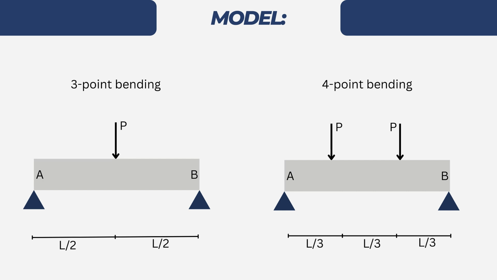Whereas in the 4-point bending test, there are 2 forces acting on the beam, and same as the 3-point bending test, it is being held up by a support on each end, different from the 3-point bending test where the load is applied in the middle. Here in the 4-point bending test, the 2 loads are evenly distributed. So per 1/3 length of the beam, there is a force acting on it.